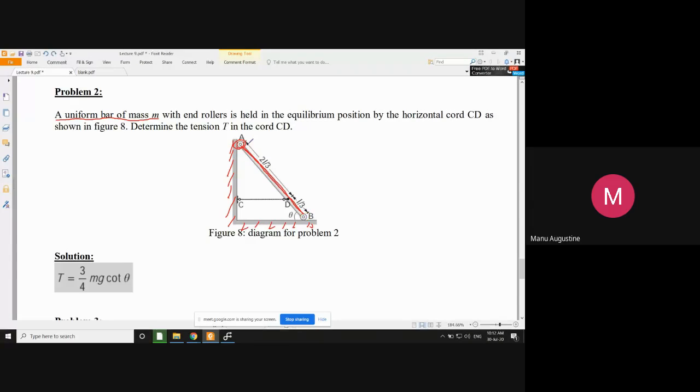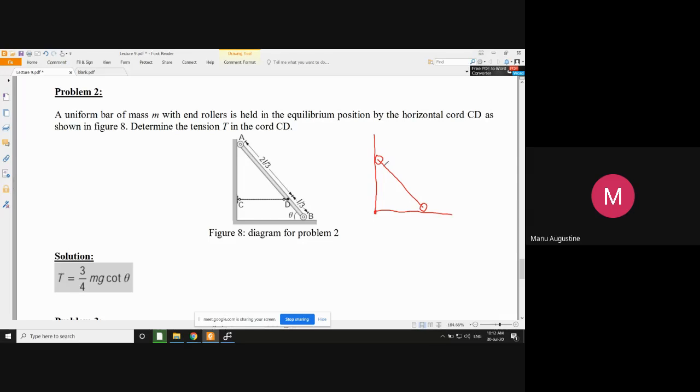Now there is another thing that these people have done. What have they done? If you simply take a corner of the wall, this is the point of meeting of the ground and the vertical wall, and if you put a roller supported rod by resting it like this, do you think that it will stay in this position?